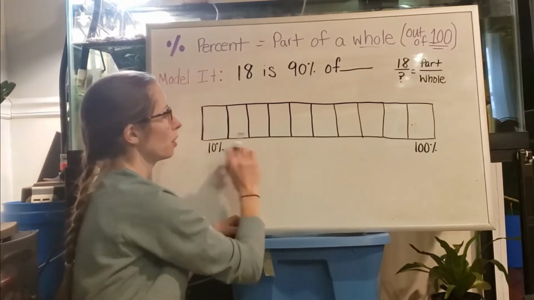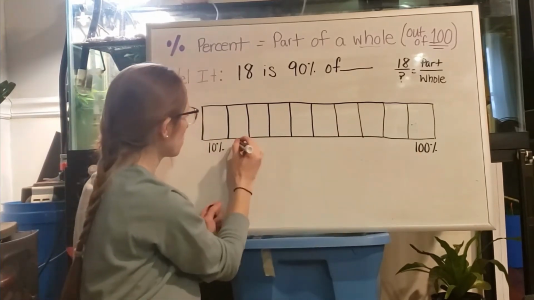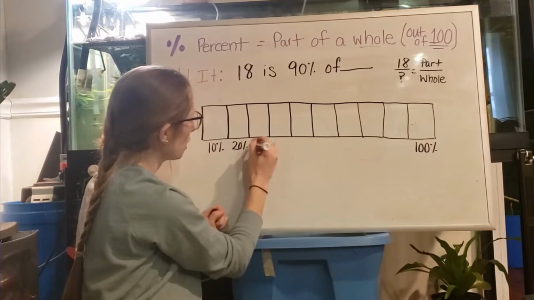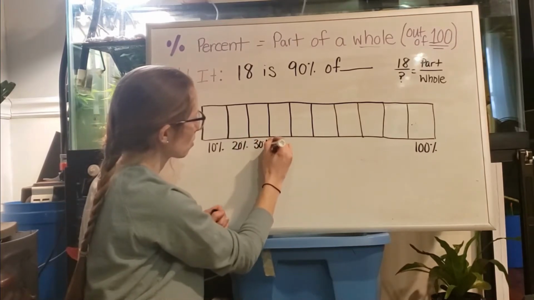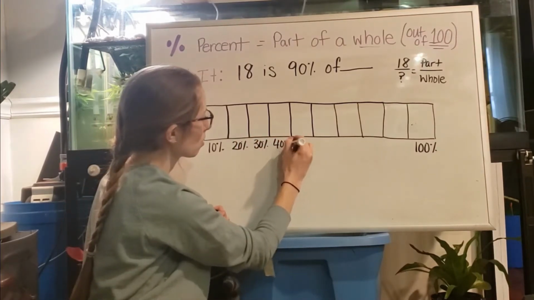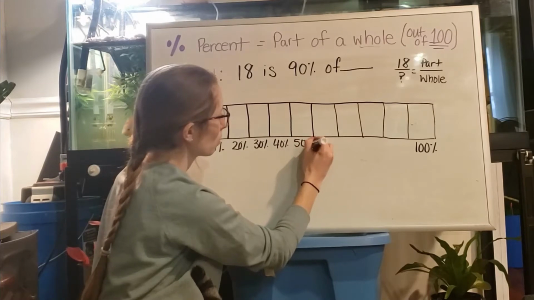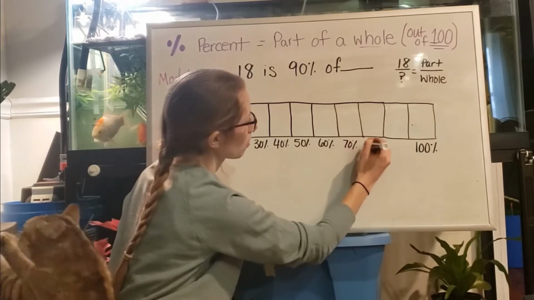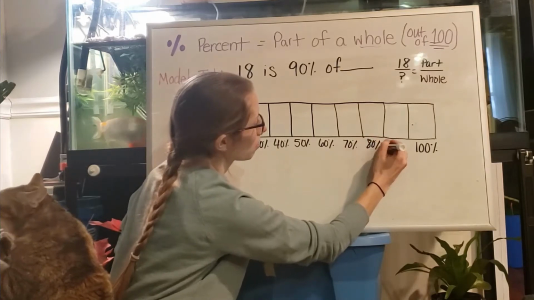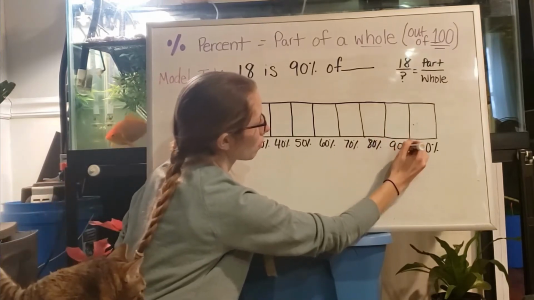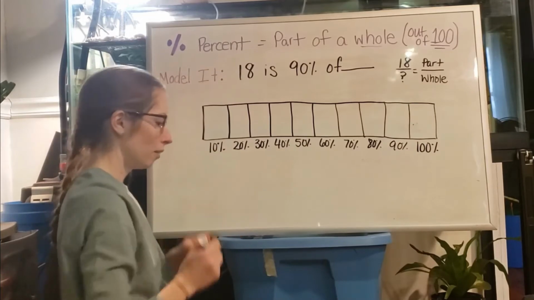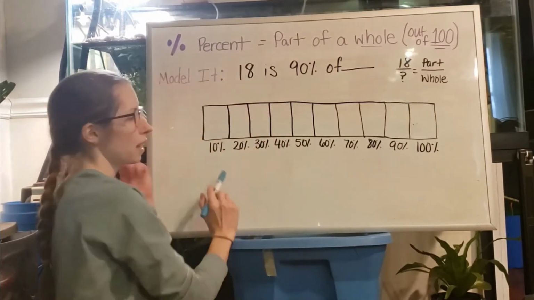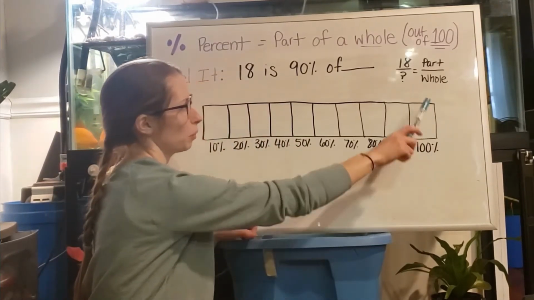So if you go by 10%, we've got 10%, 20%, there we have our diagram. So the whole thing is our 100%. We don't know that yet.